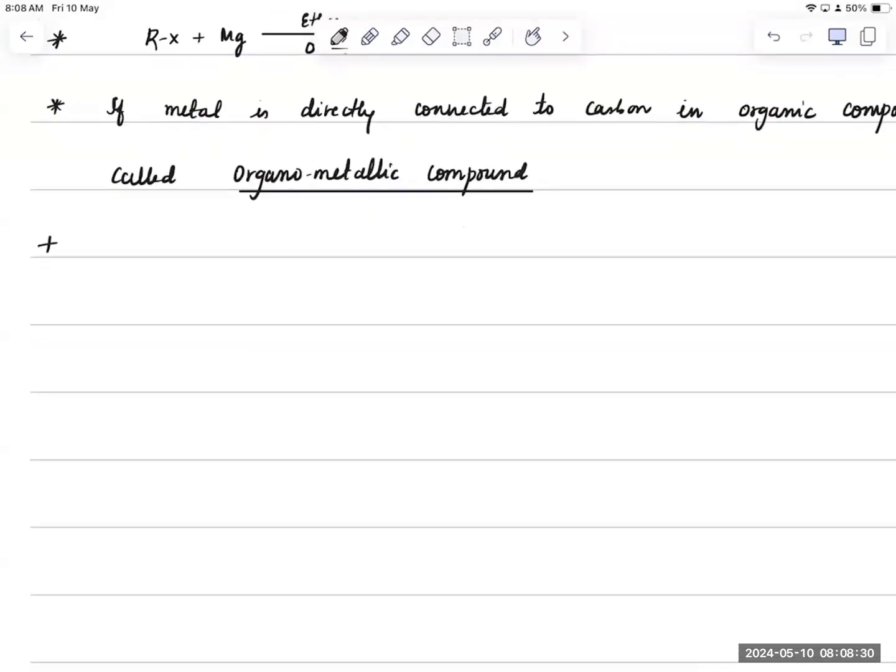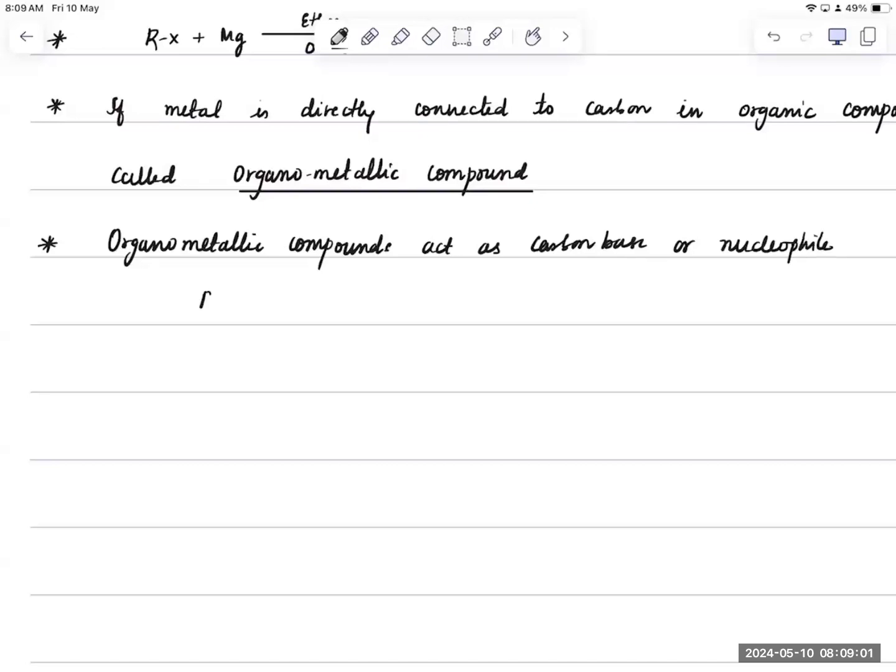Well, what is the main role of organometallic compounds? They are carbon bases and nucleophiles. Organometallic compounds act as carbon base or nucleophiles.